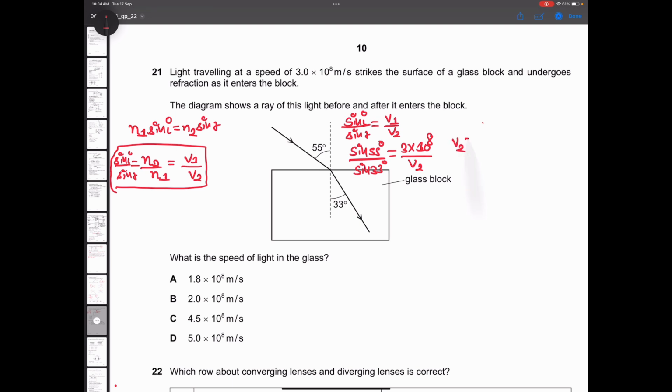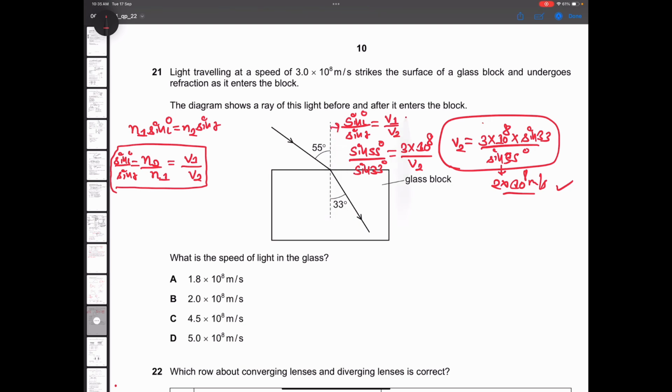Now let's rearrange it first: 3 times 10 to the power 8 times sin 33 over sin 55. If you solve this, your answer will come out to be 2 times 10 to the power 8 meters per second. So from the relation of angles and velocity, we found that the answer is 2 times 10 to the power 8. But let's solve it using the refractive index relation as well, that n2 over n1 equals v1 over v2.